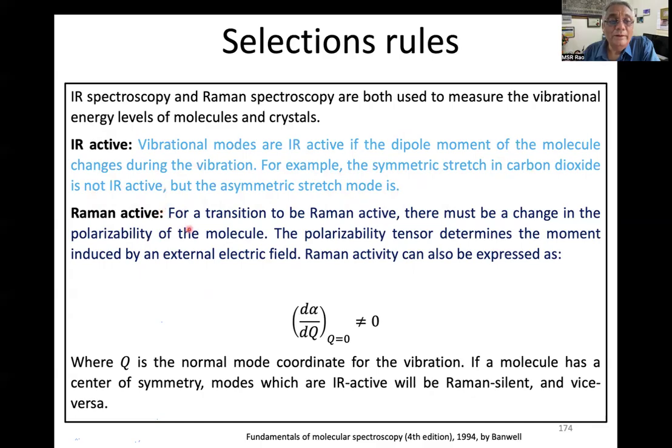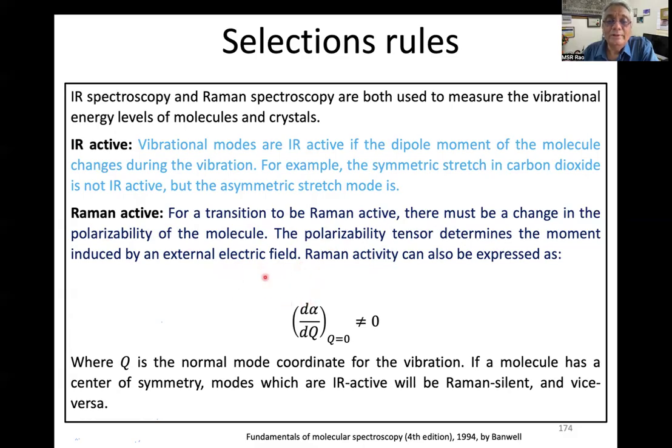Now, for a transition to be Raman active, there must be a change in the polarizability of the molecule. And the polarizability tensor determines the moment induced by an external electric field.